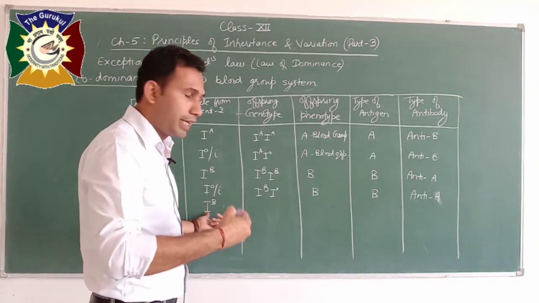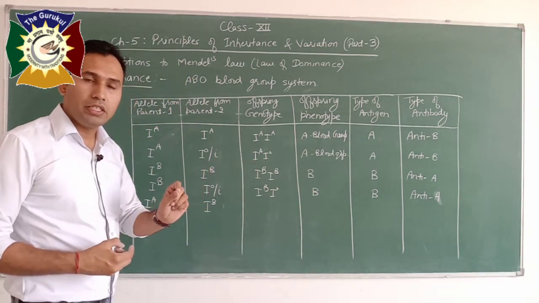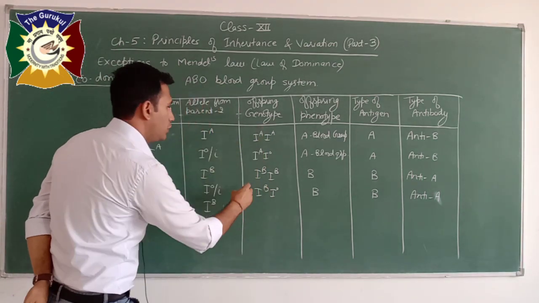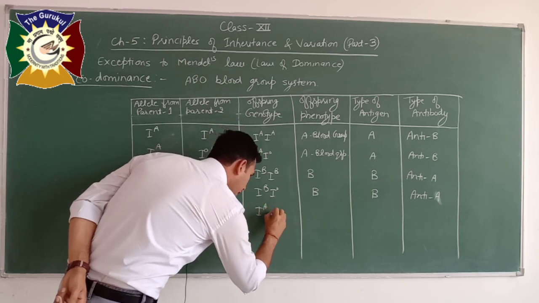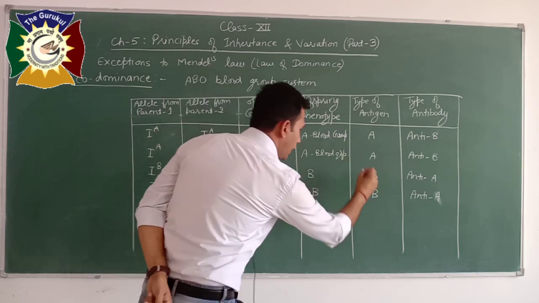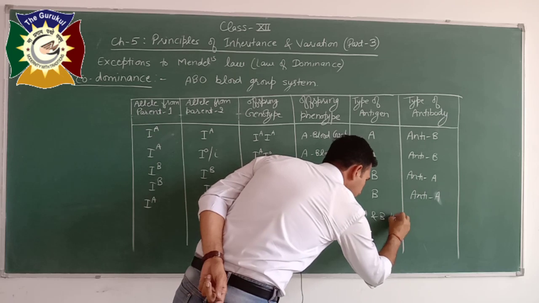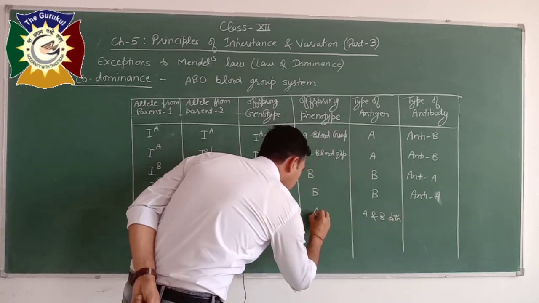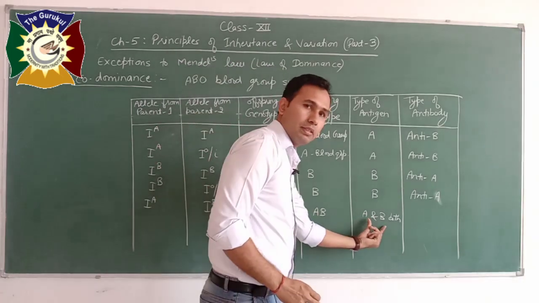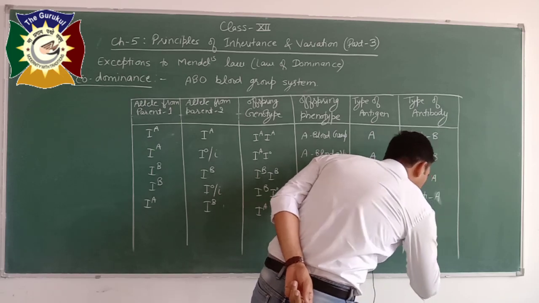So both of them will form A type as well as B type of antigen on the surface of the same RBC. So here the genotype will be IA IB. That's why the type of antigen will be A and B both. So the blood group will be AB, and if antigen is of both types, then antibody will be nil. There will be no antibody in this blood.